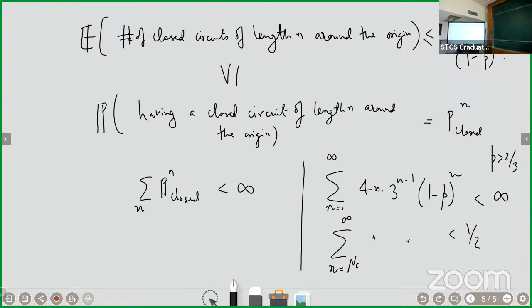So if P is greater than 2/3, then the probability of having a circuit of length N is non-zero, right? No, no. What we have said so far is that if P is greater than 2/3, then the probability of finding a closed circuit of length greater than or equal to NC is less than 1. That's all we have shown so far.